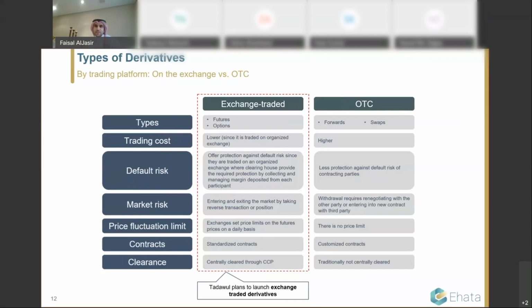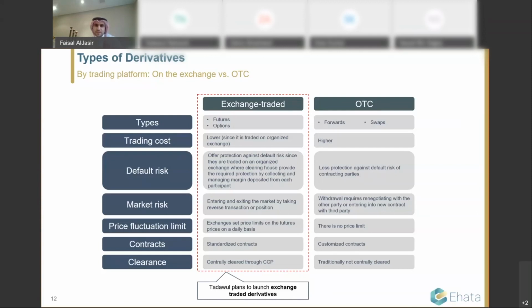That mainly sums it up. There are others, but these are the main instruments in exchange traded. In OTC, you would find forwards, swaps, and basically anything else that can be customized and mutually agreed between a buyer and a seller, including very exotic instruments.